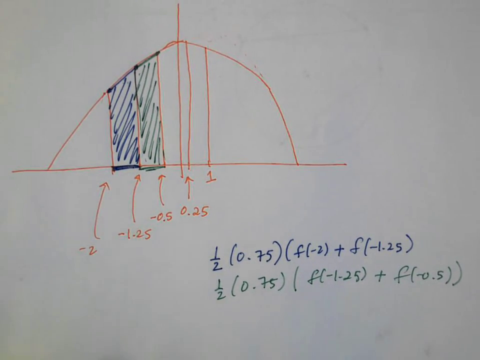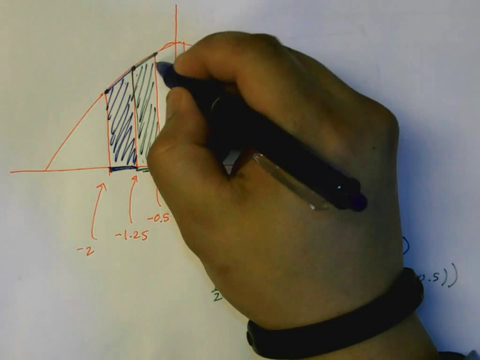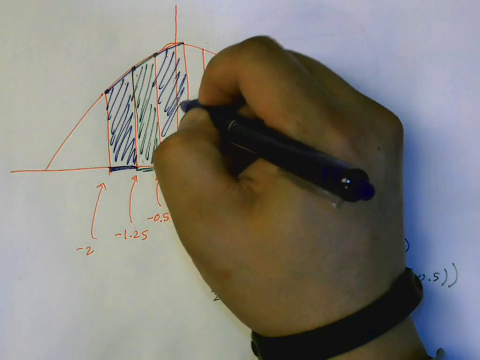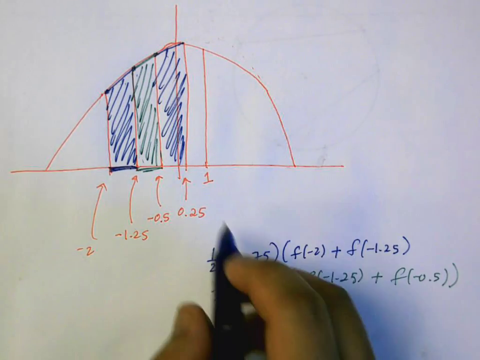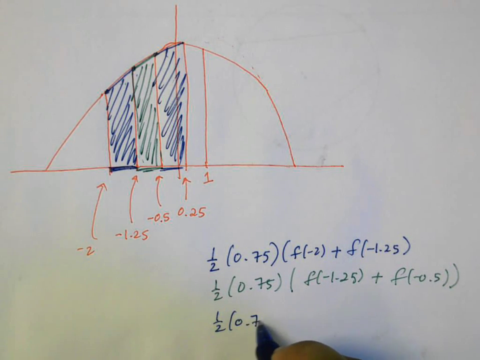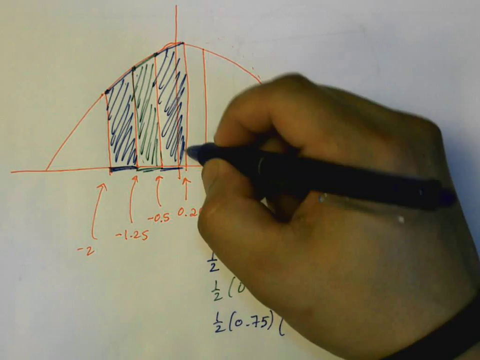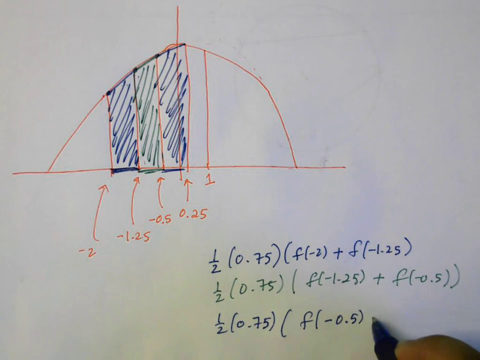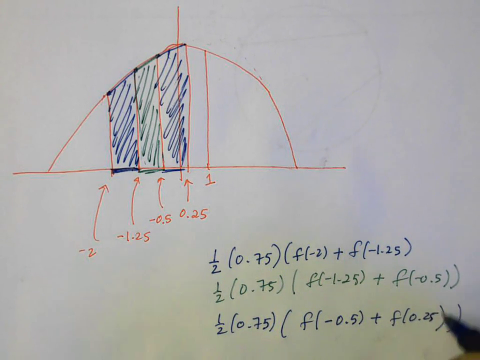And then we're just going to keep on going. This one, draw a straight line. That's going to be the area. The height is still 0.75. The first base is f of -0.5. The second base is f of 0.25.